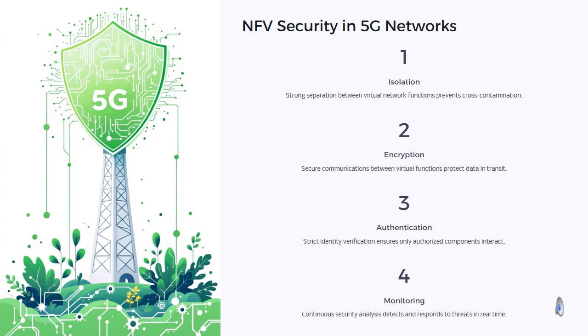Authentication. NFV enforces strict identity verification, allowing only authorized components to interact. Monitoring. AI-driven security monitoring continuously scans for threats, responding in real time. Since NFV environments are highly dynamic, automated security controls are crucial for protecting virtualized network functions in 5G.